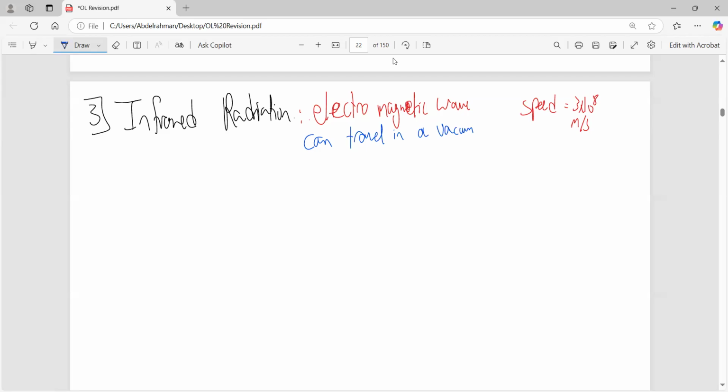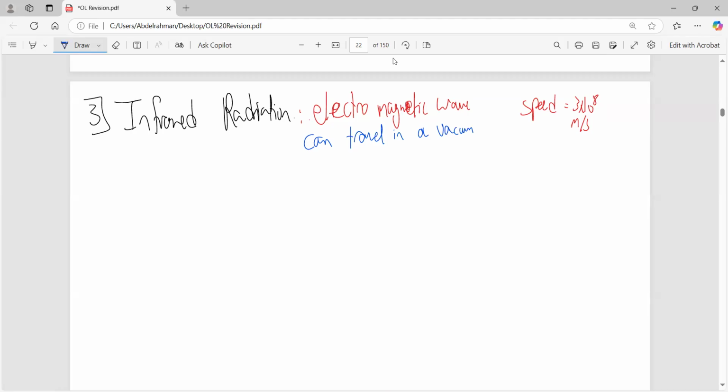So if we have a vacuum, for example the vacuum flask, it prevents heat transfer by conduction and convection, but it only transfers heat by infrared radiation.